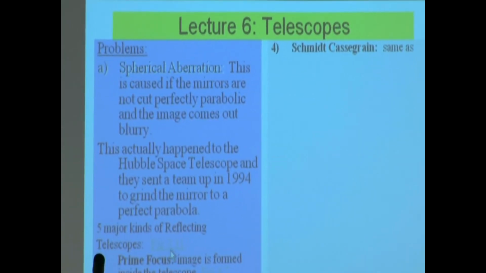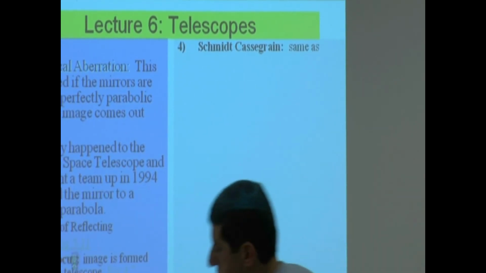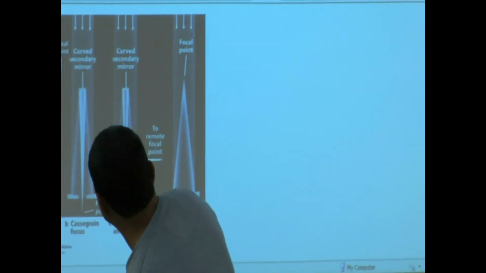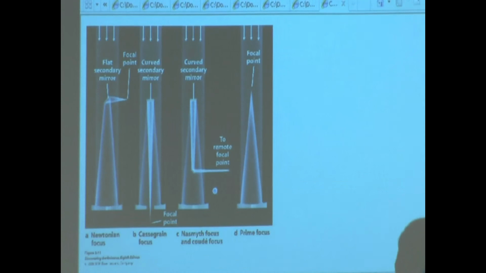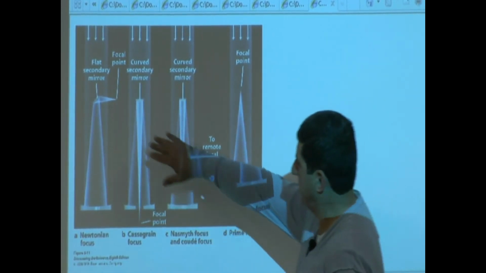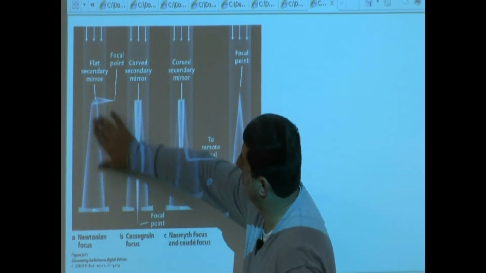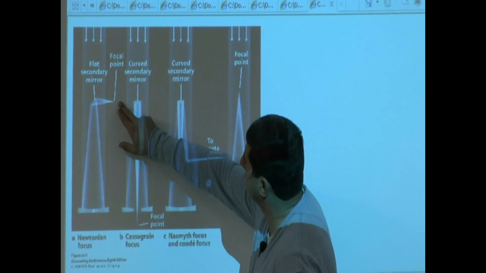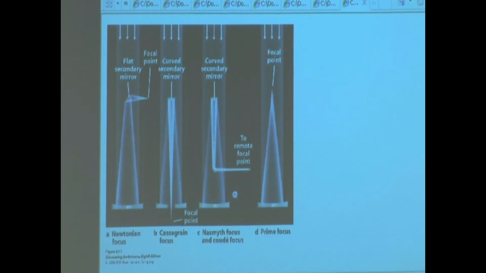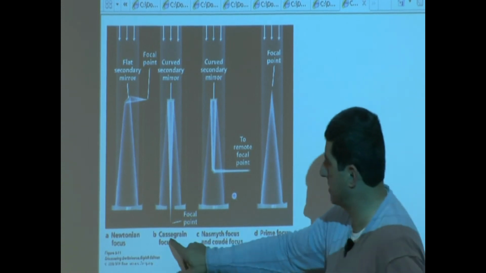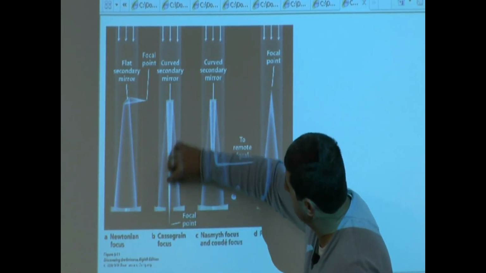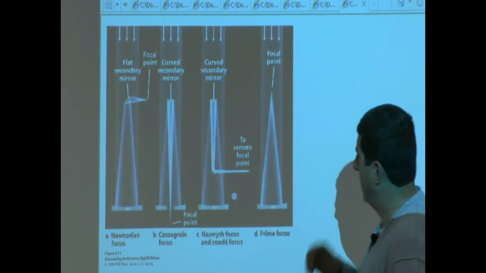Let's see here. This picture shows us kind of the same idea. Newtonian goes, flat secondary mirror, focal point you see here. So that's that one. And then you got the Cassegrain, comes, reflects, goes through.